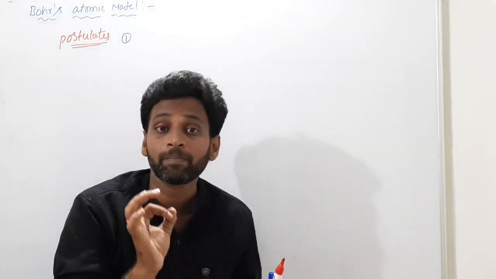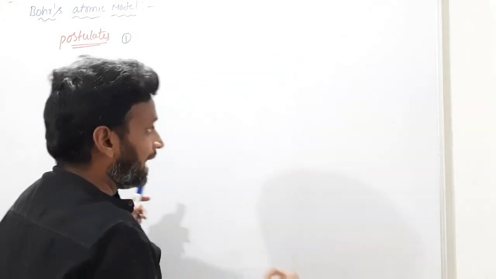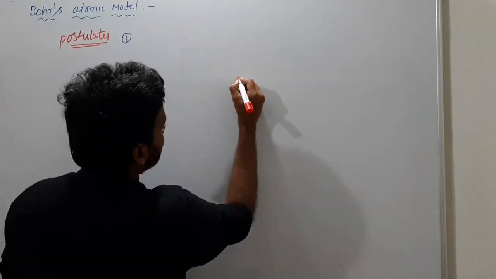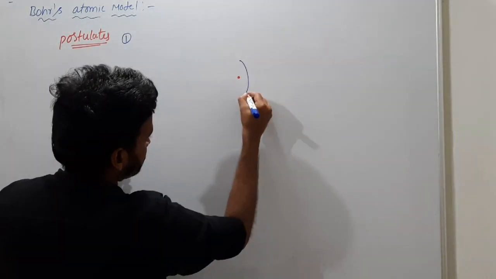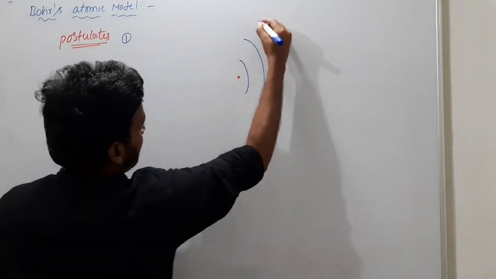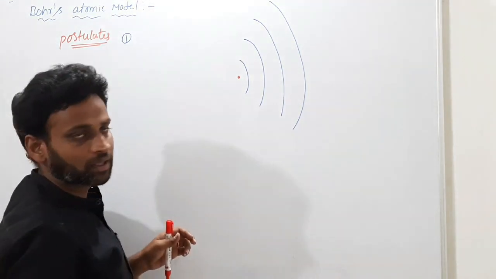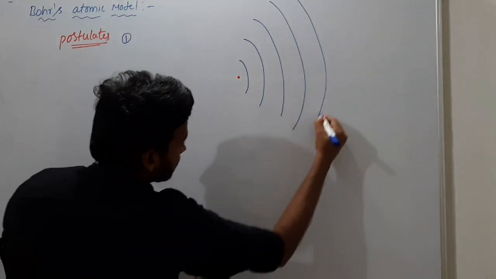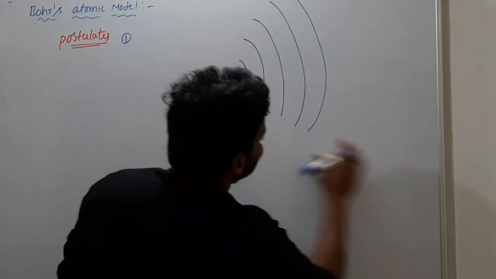N gives that particular orbit number. Those shells I can represent with half circles like this: first shell, second, third and fourth, and if you want, a fifth shell.